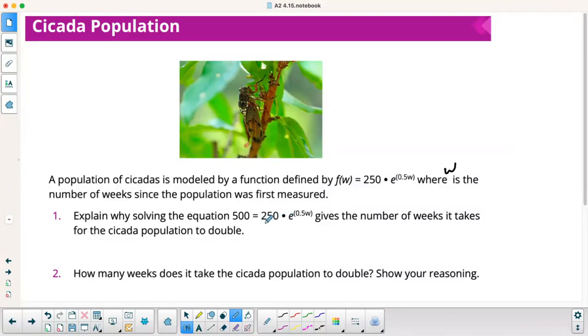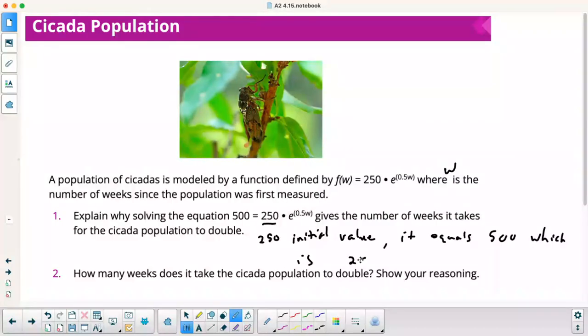Well, I would say this is my initial value, 250, and then it equals 500, which is double 250. It's 250 times 2.